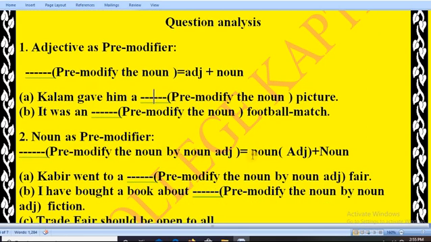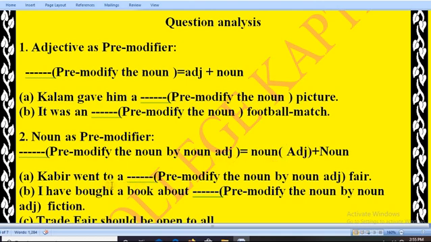Noun as pre-modifier. Noun as pre-modifier means noun plus noun. Already I have discussed this. When two nouns sit side by side, the first noun is called a noun adjective. Here pre-modify the noun by a noun adjective.